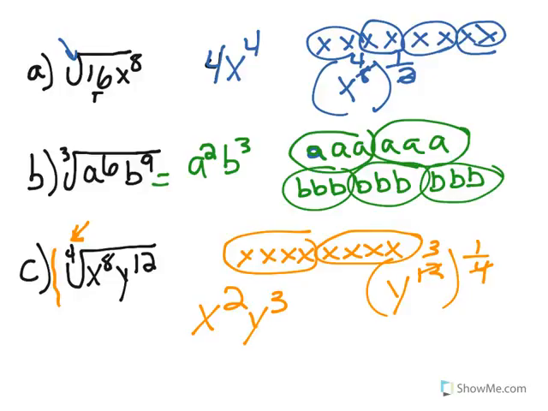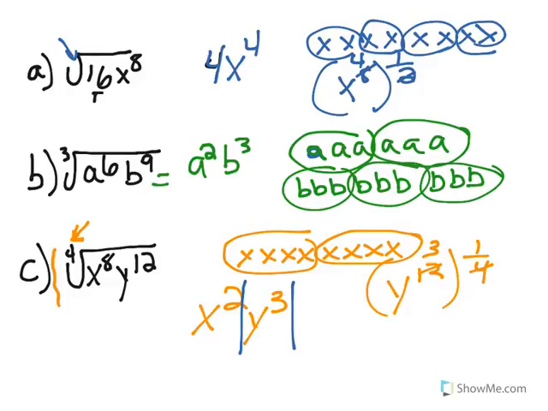So we have to make sure we keep this on the positive side. So for y to the 3rd, I need to put the absolute value sign around that to show that it's going to stay positive no matter what.